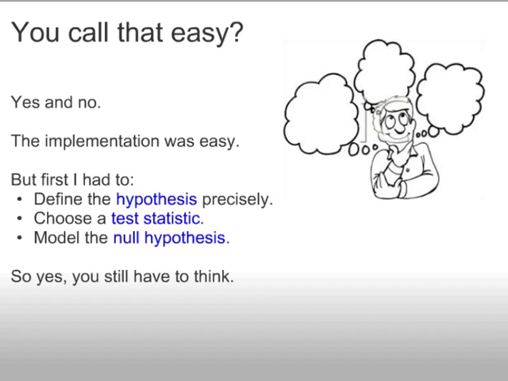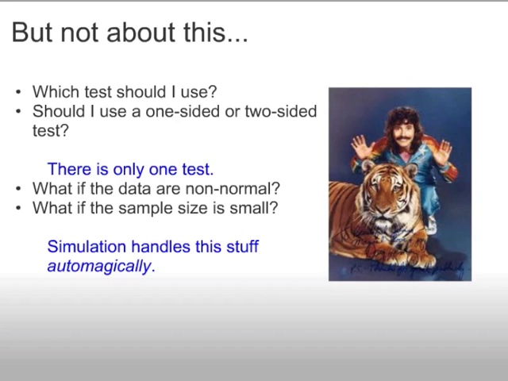So yes, you still have to do some thinking about this, but the reason I think it's a good idea is that the thinking you have to do is exactly about the problem. You're thinking about the domain, you're thinking about your hypothesis. Those are meaningful questions. What you didn't have to think about was statistical esoterica.